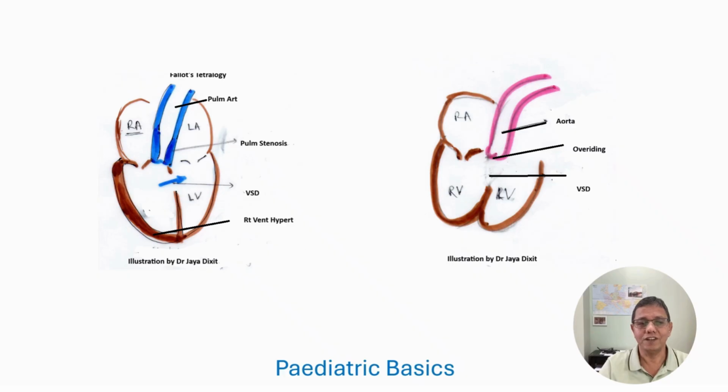The 4 components: there is right ventricular hypertrophy, pulmonary stenosis, ventricular septal defect, and overriding arch of aorta. The overriding arch of aorta basically means the arch of aorta is sitting right on top of the ventricular septal defect, and that causes more mixing of deoxygenated blood into the systemic circulation.